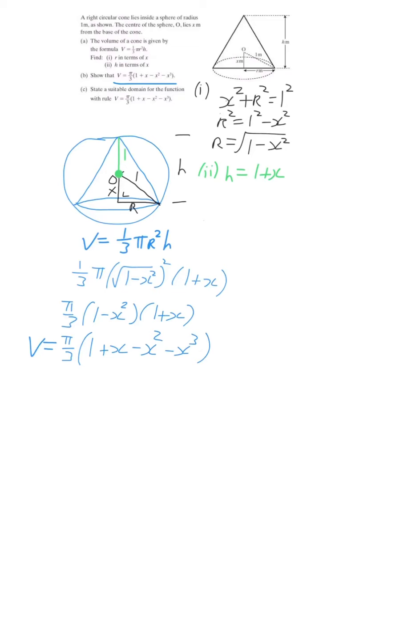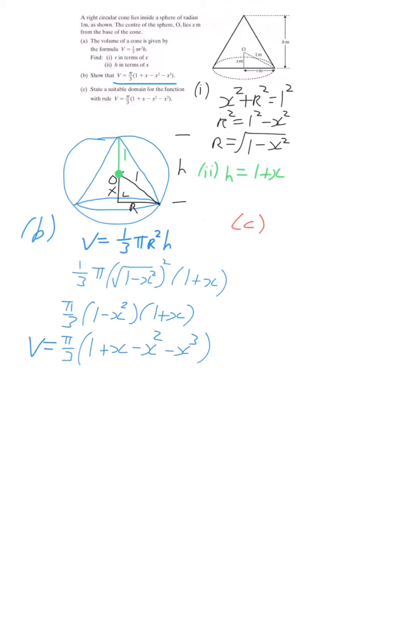Now, that was part B. For part C then, we're asked to state a suitable domain for the function. So remember, a domain is your input. So the input of values that x could be. So remember, the radius of the sphere is 1.